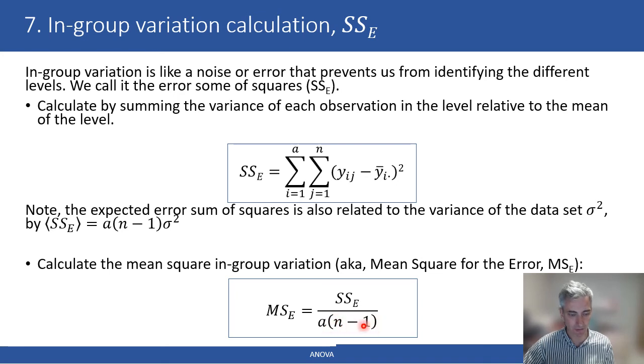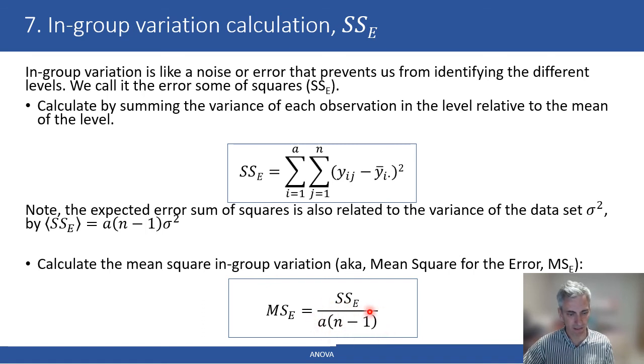But because for each group, when calculating the variation, we need to consider the Bessel correction, the degrees of freedom in each group is N minus 1. So we do this correction and multiply the number of groups by N minus 1. And this will give us something that represents the variance within the group.